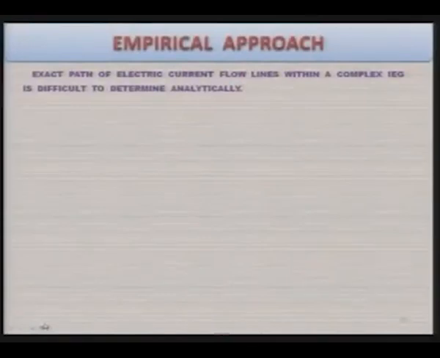Now, let us discuss some of the other approaches proposed by various researchers. The empirical approach tells you the inter-electrode gap in some of the zones, and these equations, which are empirical in nature, have been proposed based on a very limited number of experiments.